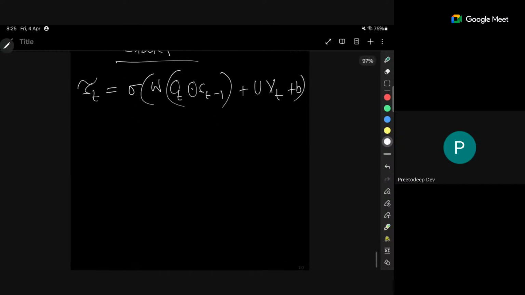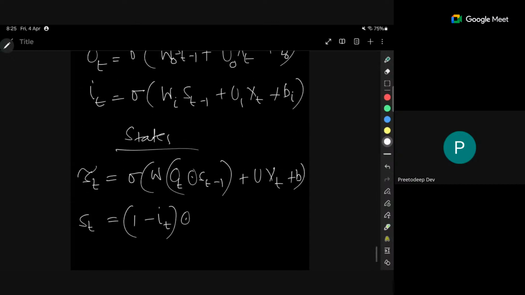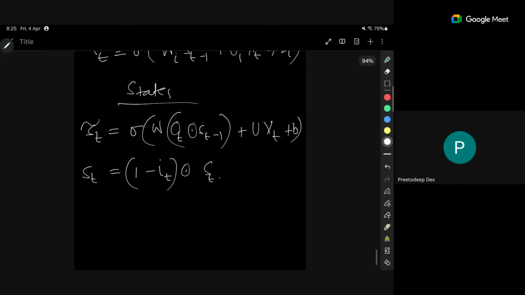We don't expect you to remember this equation. They are not easy to remember. But what we actually want is that you should know how these equations are and what they do.